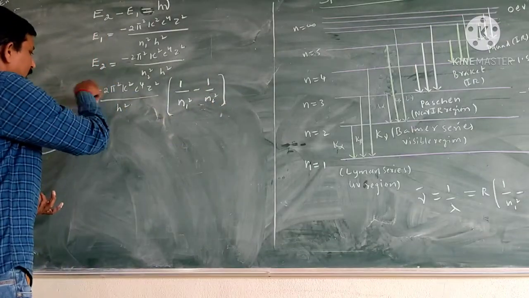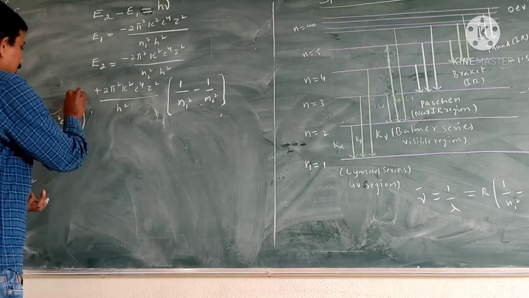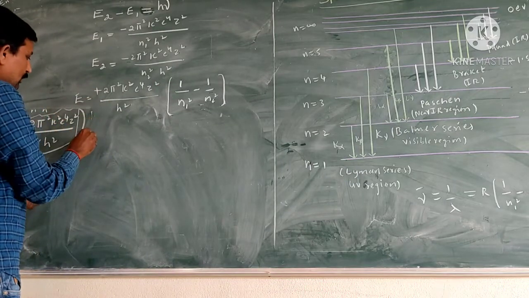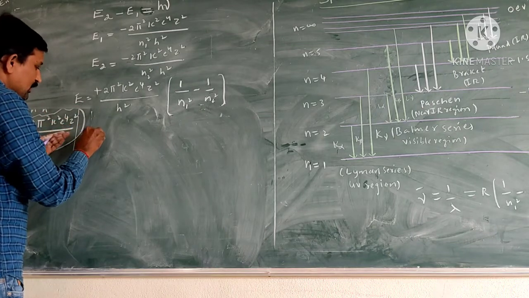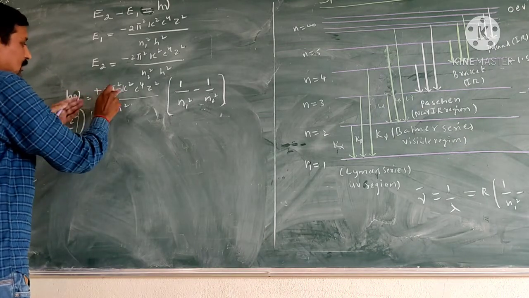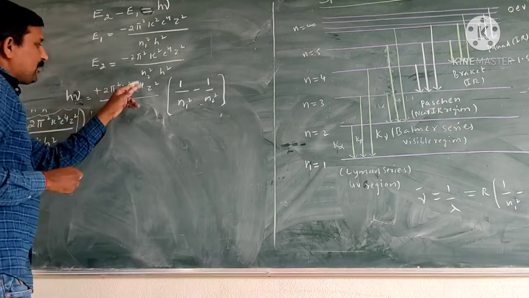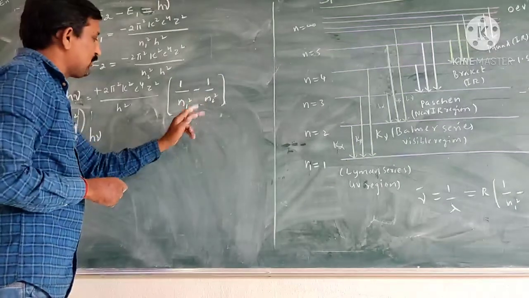E is equal to h nu, so h nu is equal to 2 pi square k square e power 4 z square by h square, into 1 by n1 square minus 1 by n2 square.